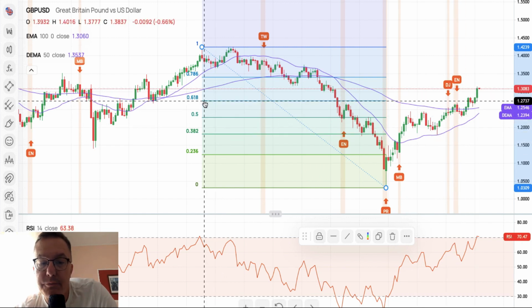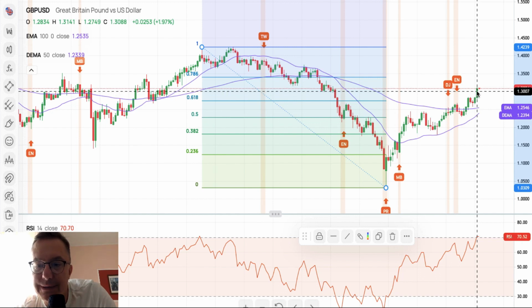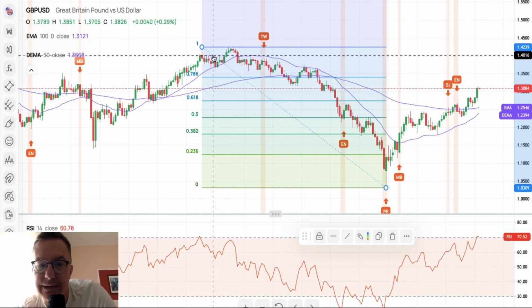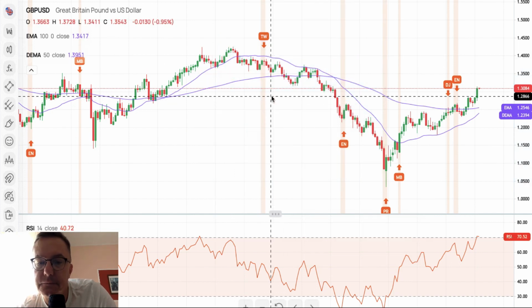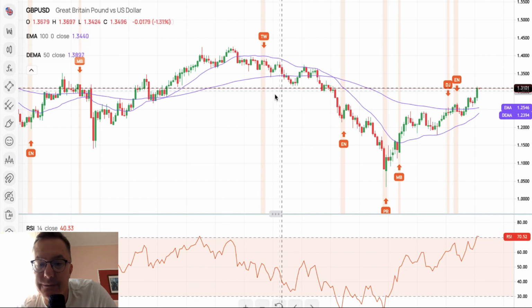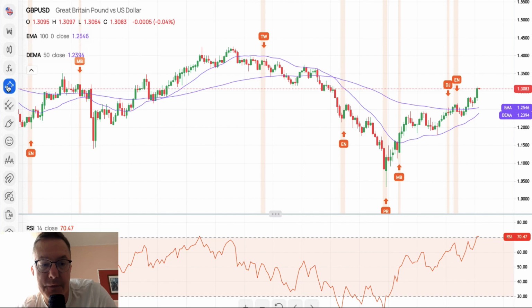Now we already broke above the 61% Fibonacci retracement, right? And this weekly candle closed way above this retracement level. What does it mean? It means that all of these retracements are now unnecessary on any of the charts, 38, 50 and 61% at least, and we are heading towards this technical level.